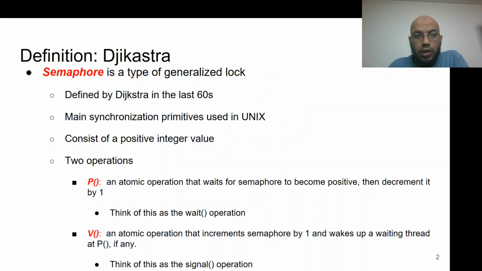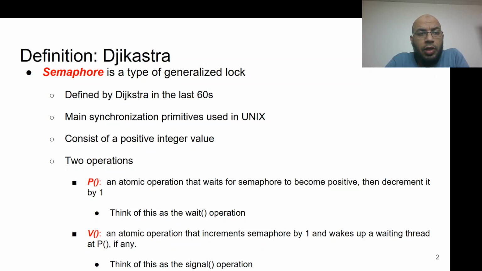So today we're going to start talking about semaphores, and semaphores are one of these primitives that have been available in most operating systems since the late 60s. Basically, they provide a more generalized lock.